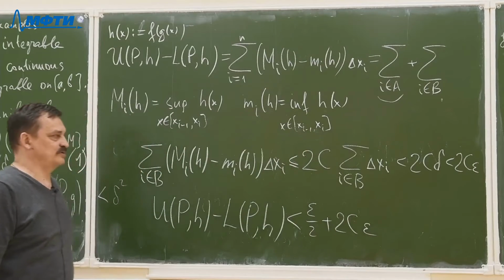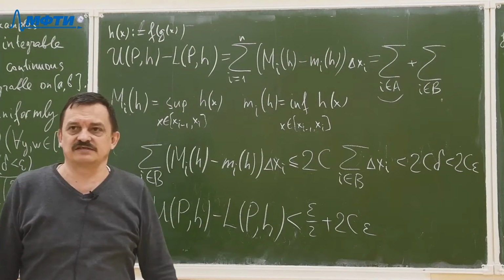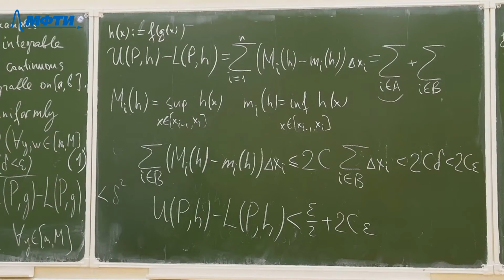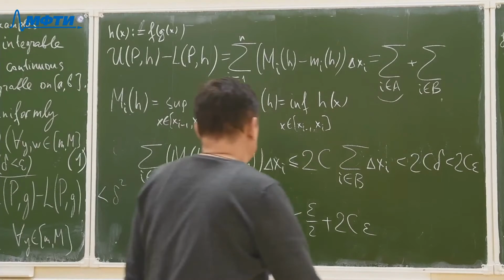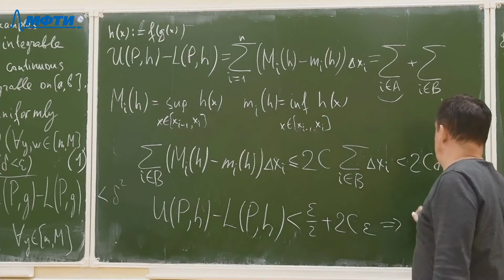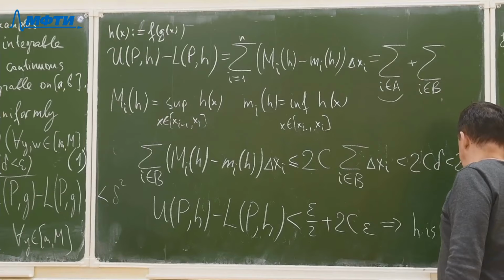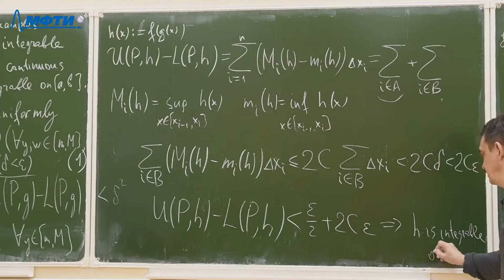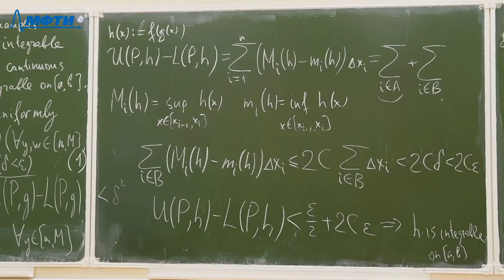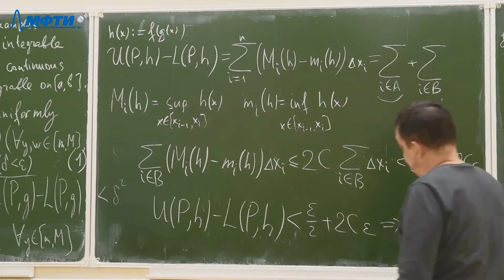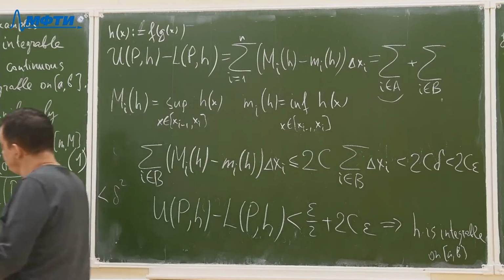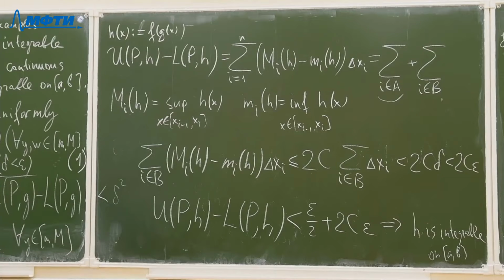Okay, epsilon was arbitrary, it means this is an arbitrarily small number, right? So it means that function h is integrable on AB by the necessary and sufficient condition because of the arbitrarily chosen positive epsilon. So the theorem is proved.